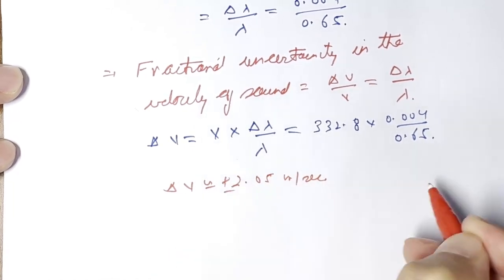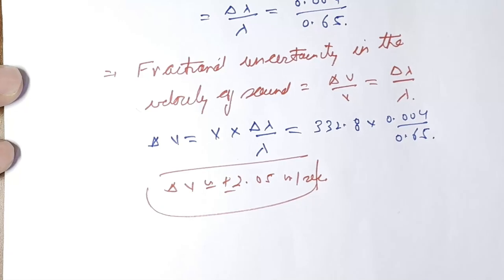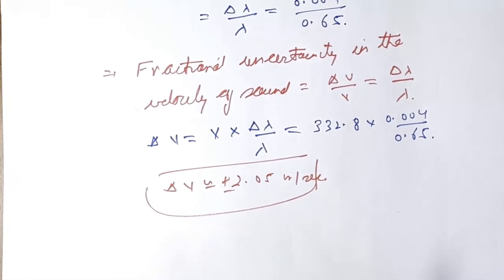So if there is a measurement uncertainty in the lengths L1 and L2, this will be our uncertainty with respect to the velocity. The same question can be asked a little differently. So this completes the question. Thank you.